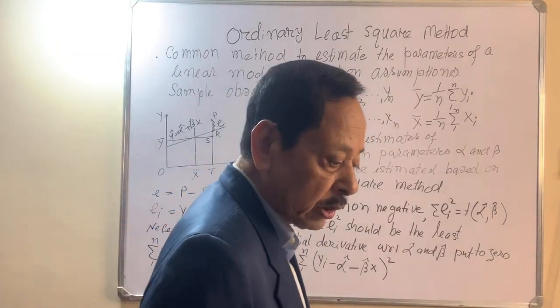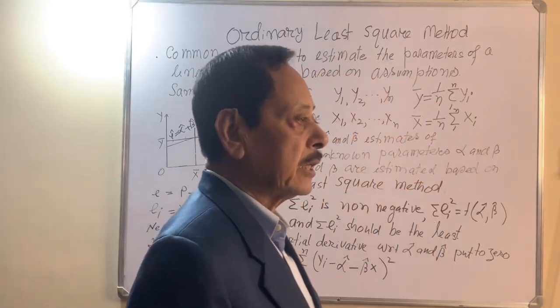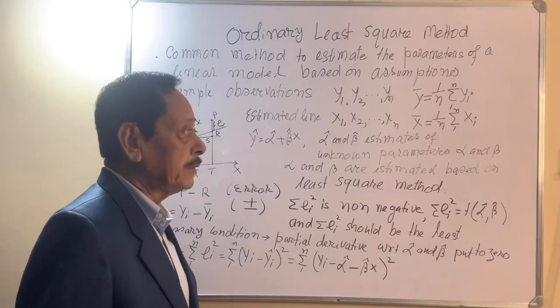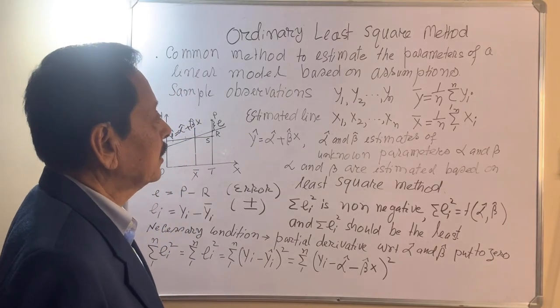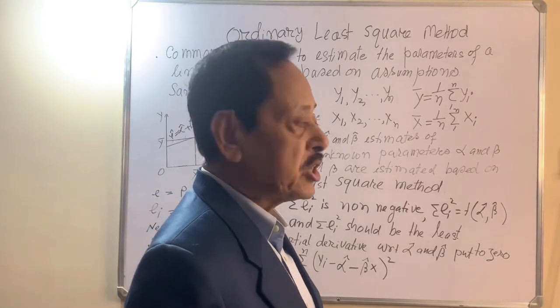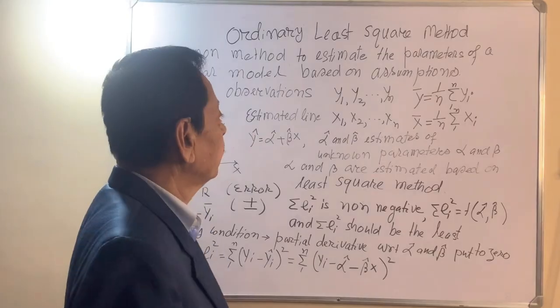In a linear model, the most important parameters are alpha and beta, that means the intercept of the line, and the gradient or the rate of change of the line, which are important to estimate.